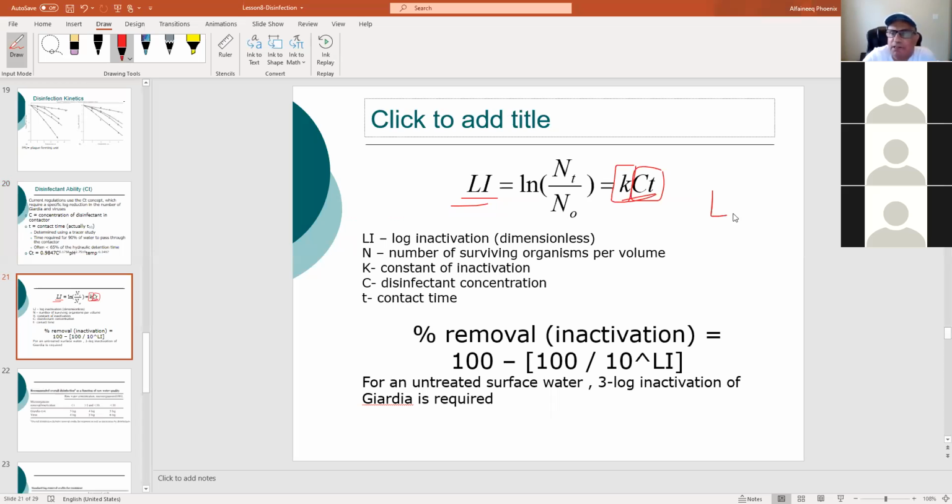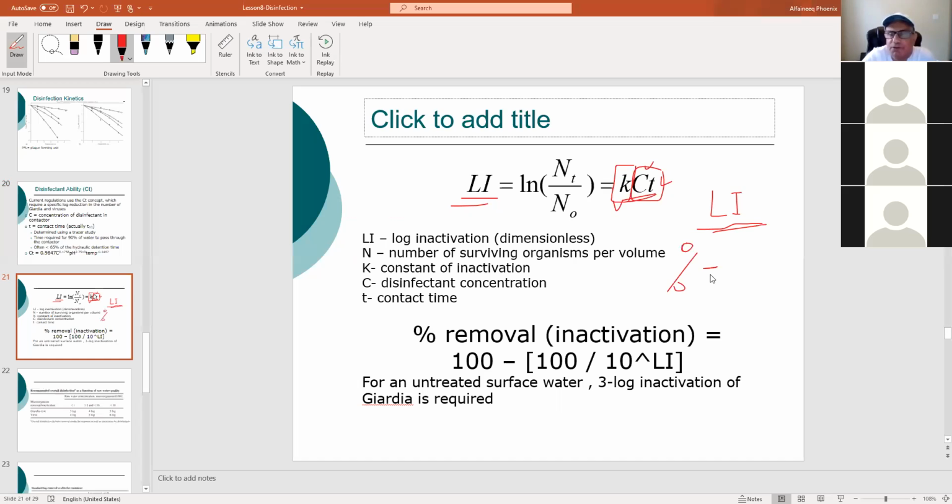You did this last semester, and I remember you had a problem in the exam about it. I gave you K, the concentration, and T, and you calculated Li, right? Now, if Li is known, you can calculate percent removal or inactivation, right?